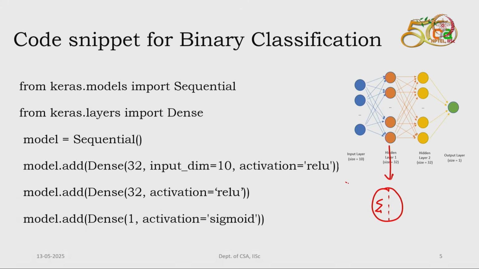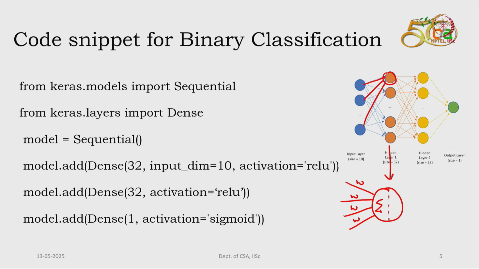It is a summation of whatever connections are coming to this particular neuron. For this neuron you have a connection coming from this, from this, and from this one. And on every connection we will have a weight associated with it.